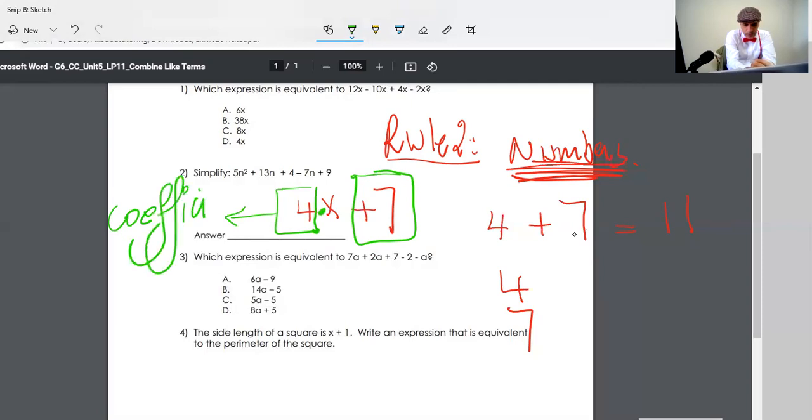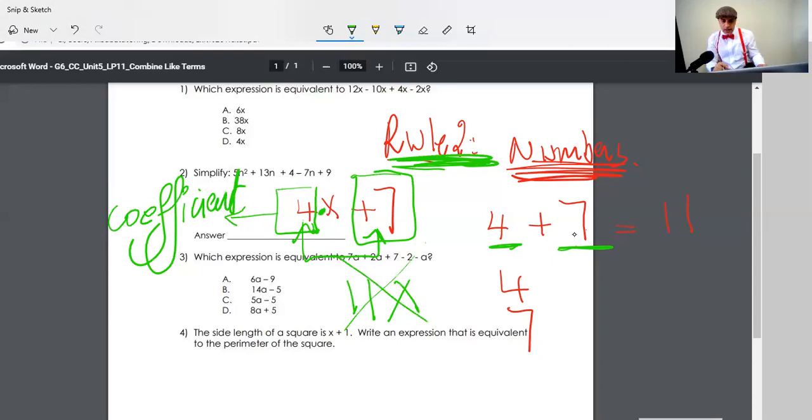Hopefully you remember that. So the 4 is attached to the variable. You can't combine the 4 and the 7. Okay, so this rule is only for numbers that are alone with no variable. So you can't go 4 plus 7 is 11 and you write the x. That is absolutely not allowed in algebra.